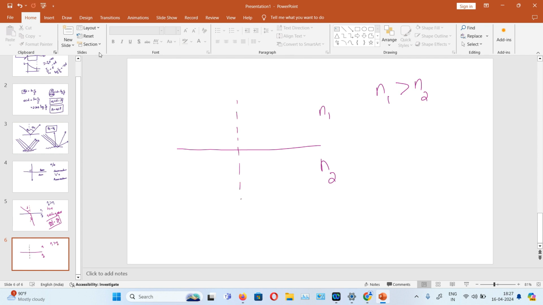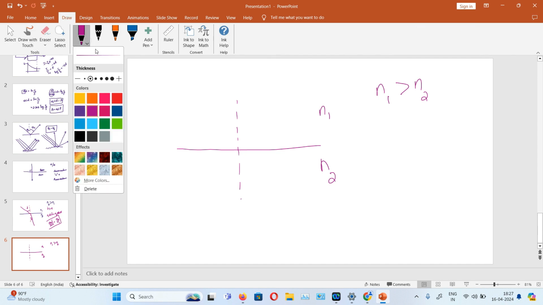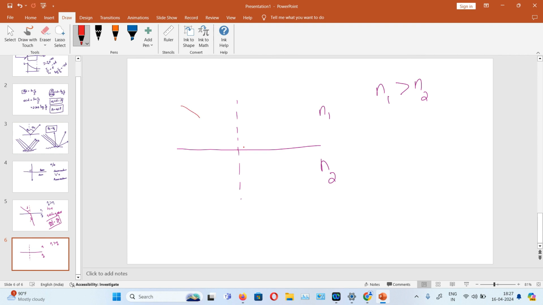This is the normal. This is I, this is R. So N1 sine I equals N2 sine R. Still this Snell's law will hold here.